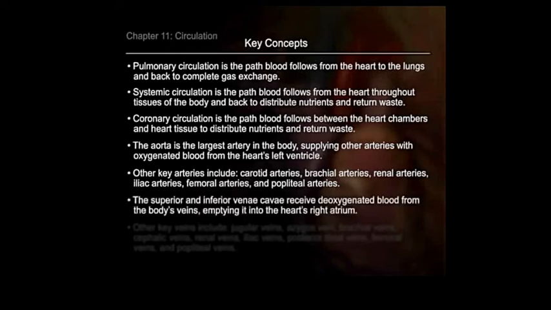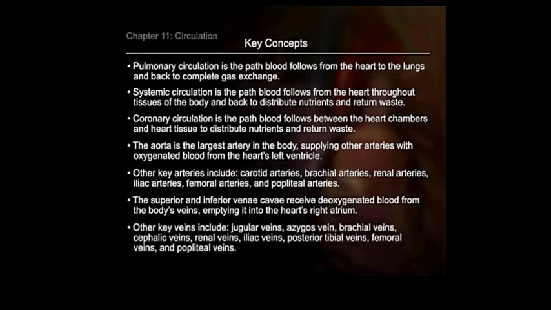The superior and inferior vena cava receive deoxygenated blood from the body's veins, emptying it into the heart's right atrium. Other key veins include jugular veins, azygous vein, brachial veins, cephalic veins, renal veins, iliac veins, posterior tibial veins, femoral veins, and popliteal veins.